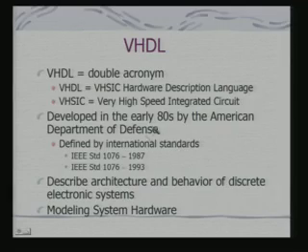UML is a top level modeling tool. Then you have SystemC, which is both a software and hardware specification. Now, I am referring to VHDL, which is a purely hardware description language. It describes the architecture and behavior of discrete electronic systems and is primarily used for modeling system hardware.